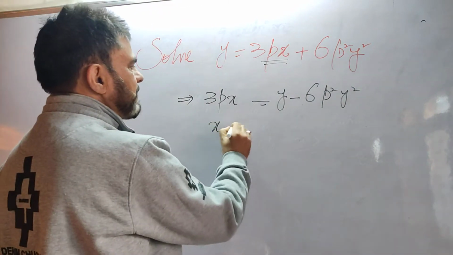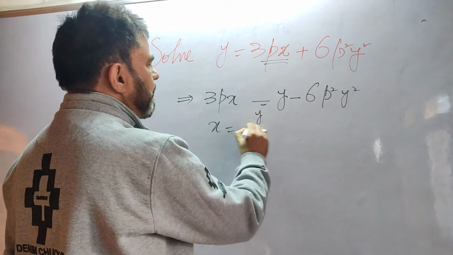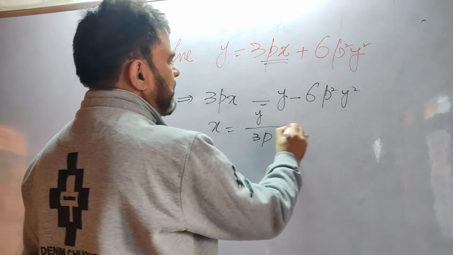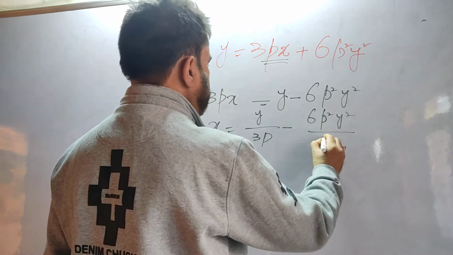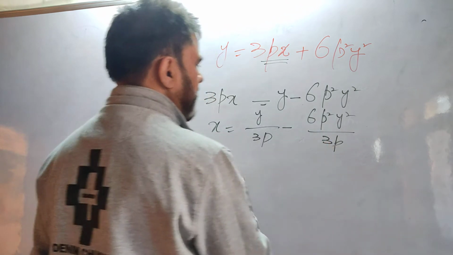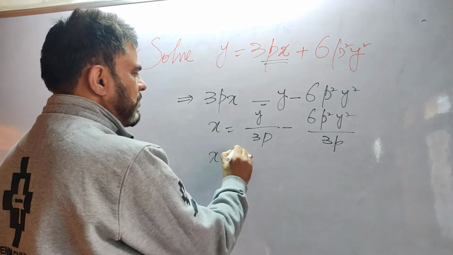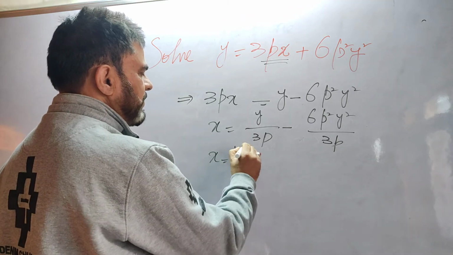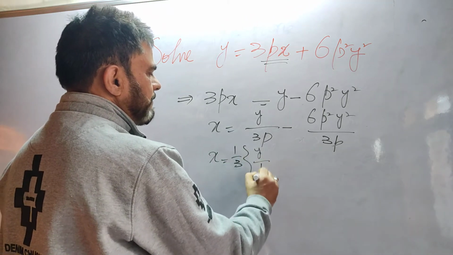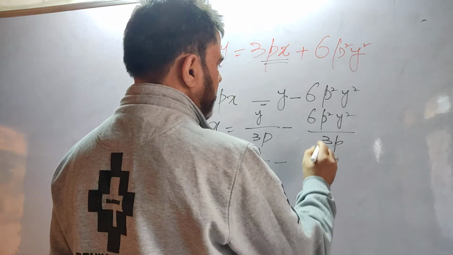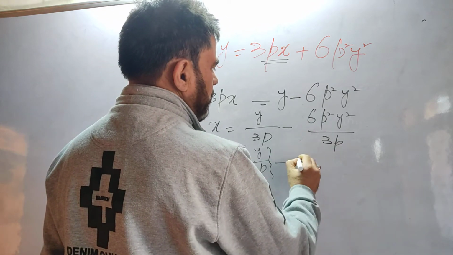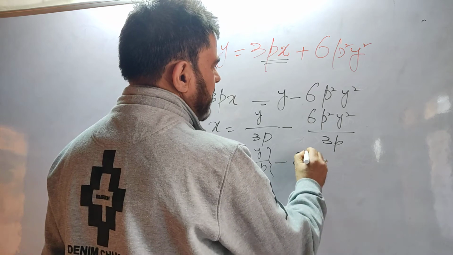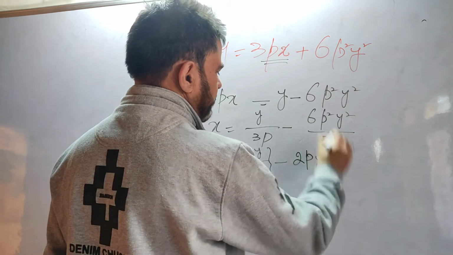This means x is y by 3p minus 6p square y square by 3p. So you have x is equal to 1 by 3 y by p minus 2py square.